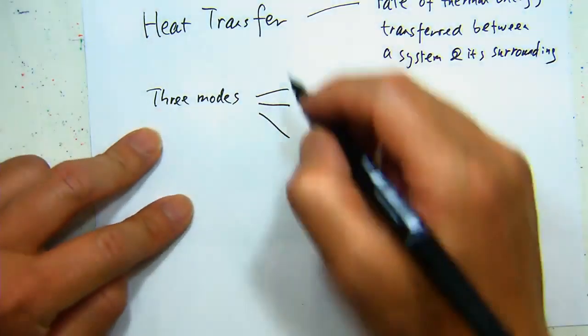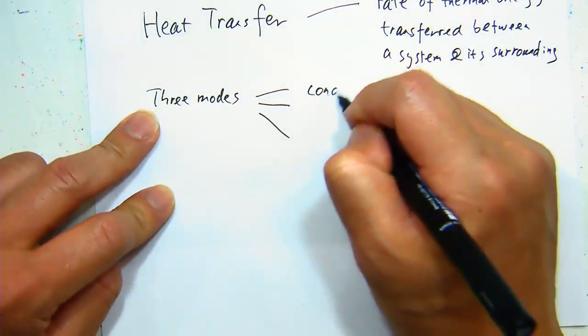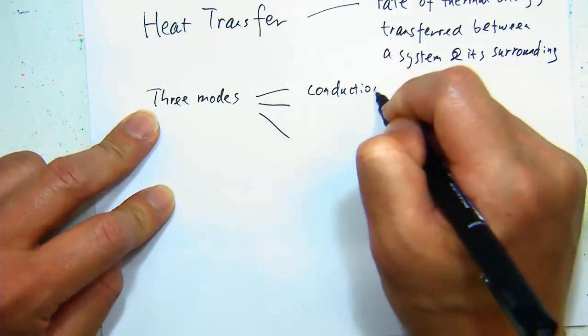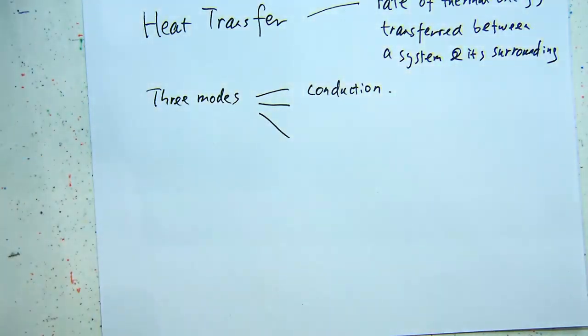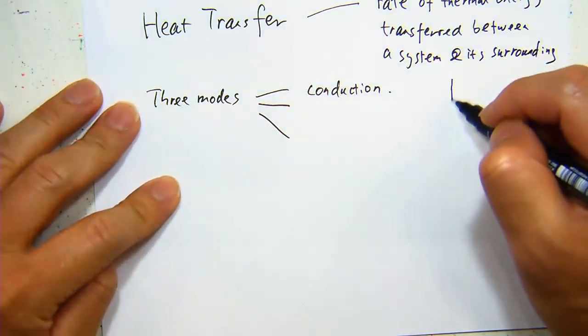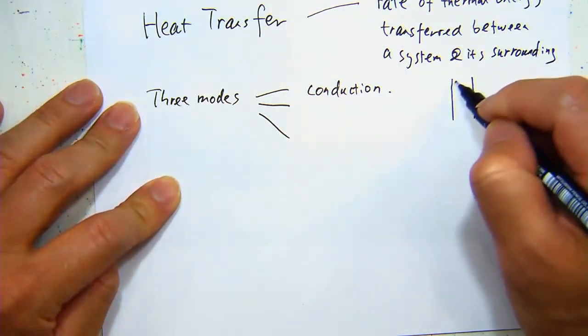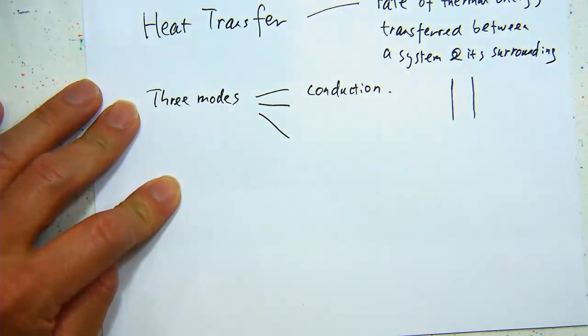One mode is called conduction. For conduction, we consider that if you have a solid which has two surfaces, and each surface has a different temperature, then the heat will be transferred by nature from the hot to the cold side. The simplest way is you have a surface or a wall, for example.